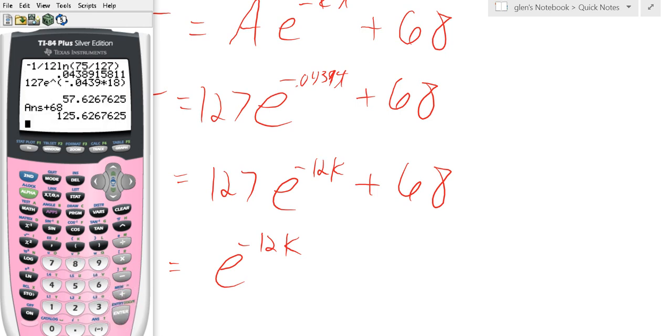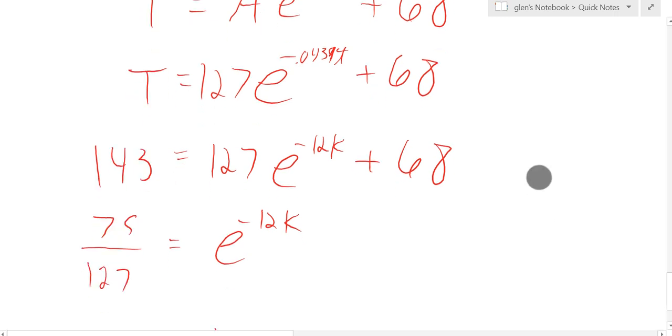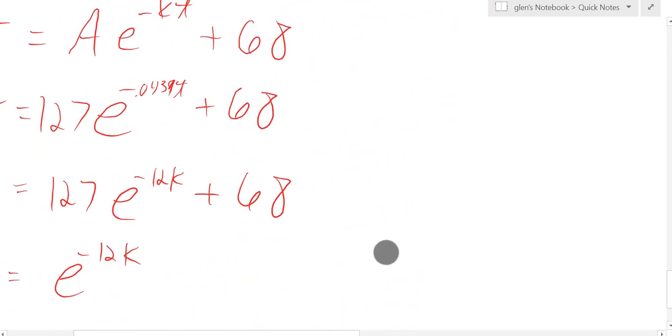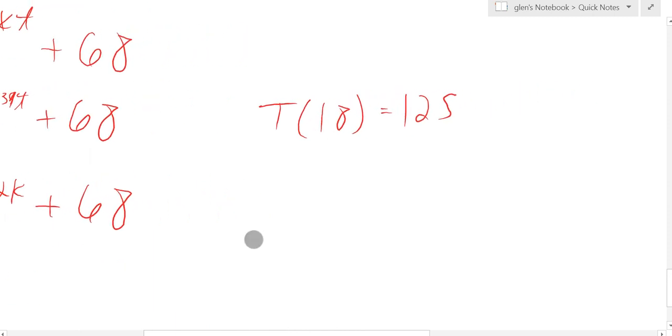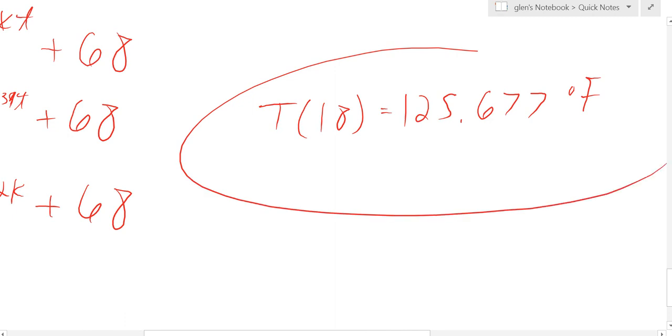The temperature is still a nice warm 125.627. Okay, and you just write that over here. T of 18 is 125.627 degrees Fahrenheit. Boom.